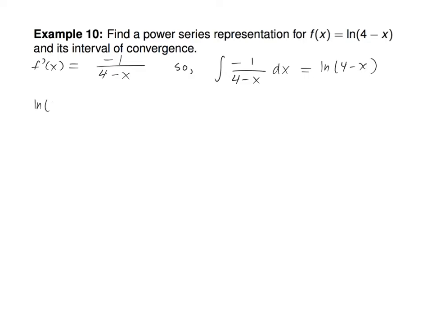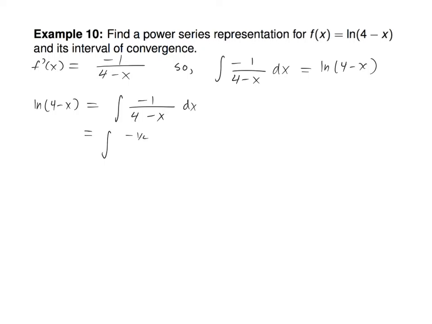Okay, so ln of 4 minus x equals the integral... That's the relationship that we need, right? Do you believe that's true? Because if the derivative is this... can you divide everything by 4? Divide everything by 4, yep.